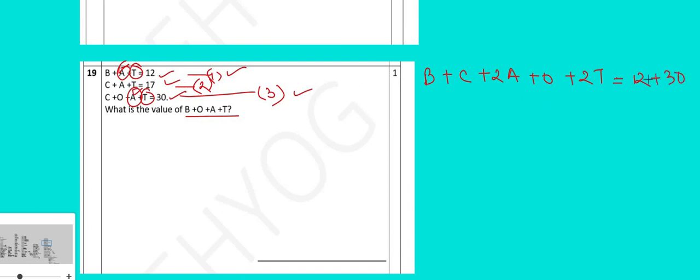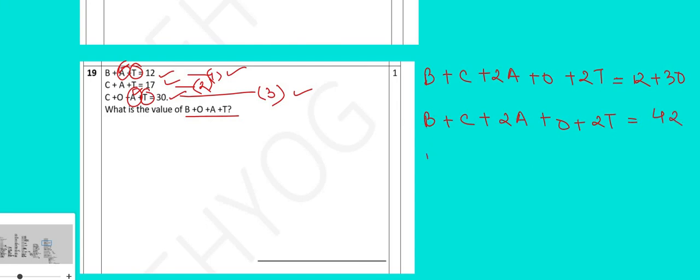Now we add the LHS with the LHS, the left hand side with the left hand side and the right hand side with the right hand side. Now B plus C plus 2A plus O plus 2T gives us 42.